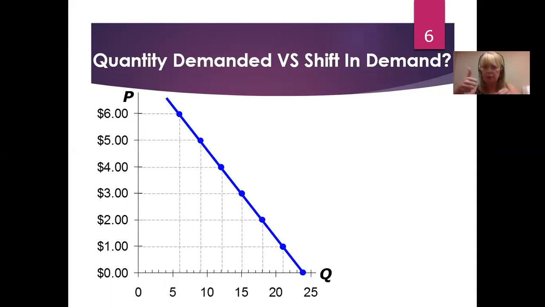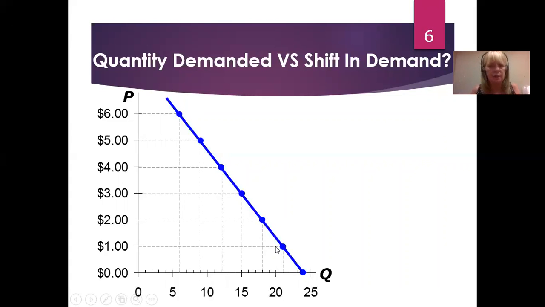Price goes up, quantity demanded goes down in a given time frame, ceteris paribus. Everything else held equal. Nothing changes but the price. That's when you get changes in quantity demanded. You move from one point to another along this demand curve.